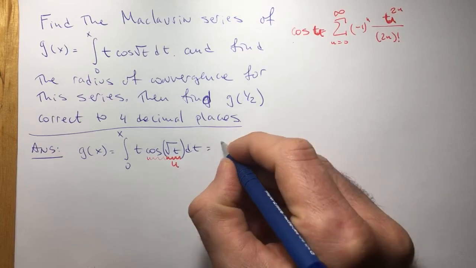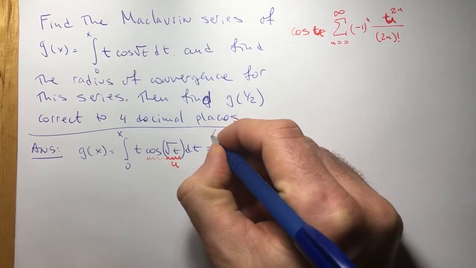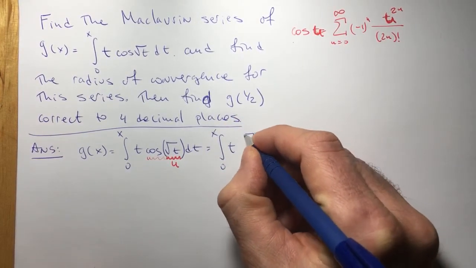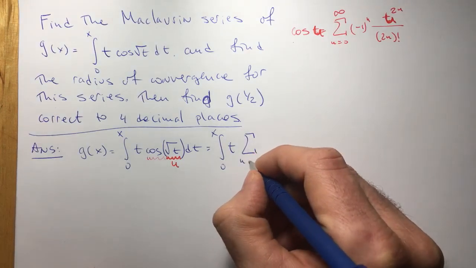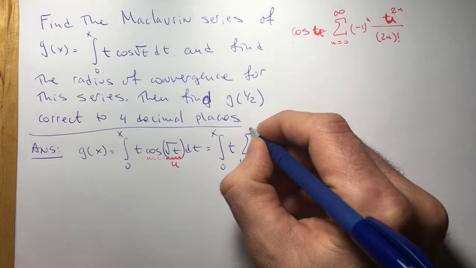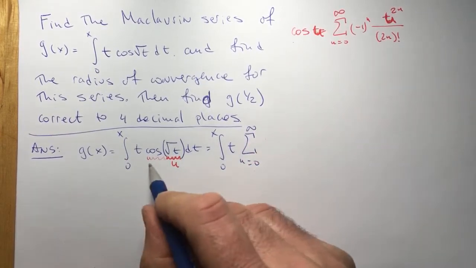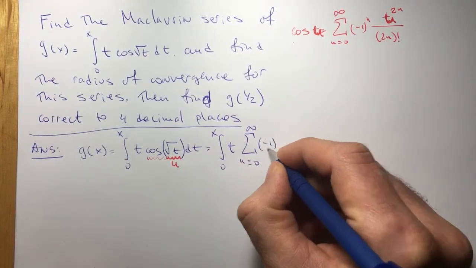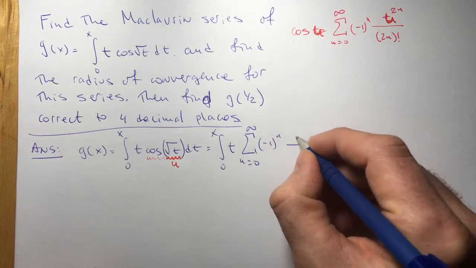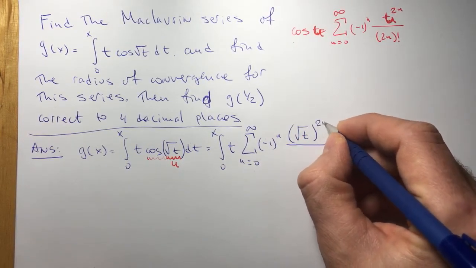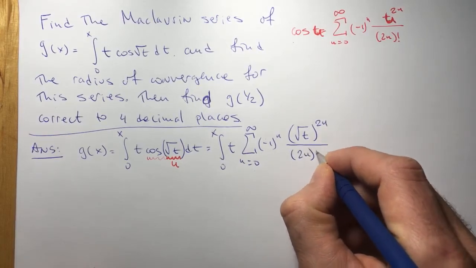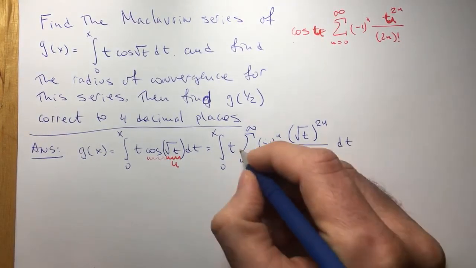So this is equal to the definite integral, nothing else changes, of t times the infinite sum when n goes from 0 to infinity of negative 1 to the power of n square root of t to the power of 2n over 2n factorial dt.